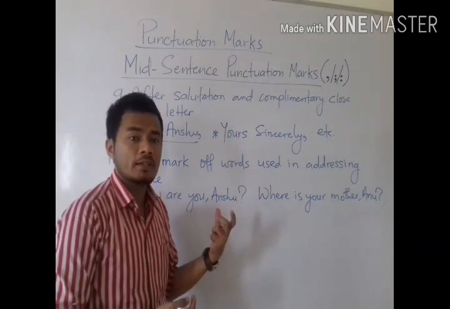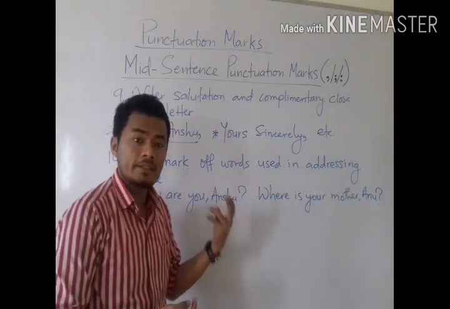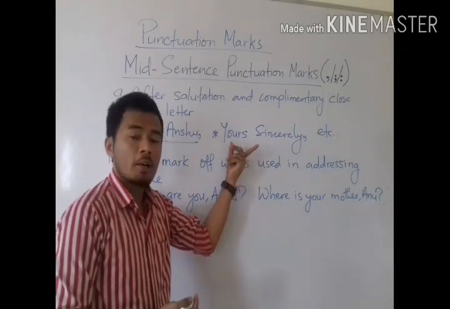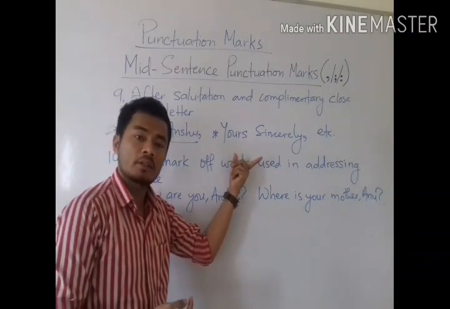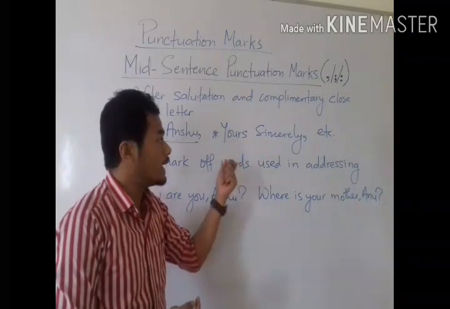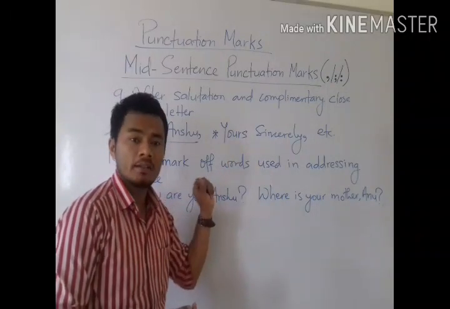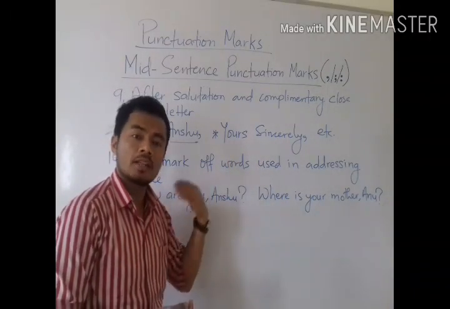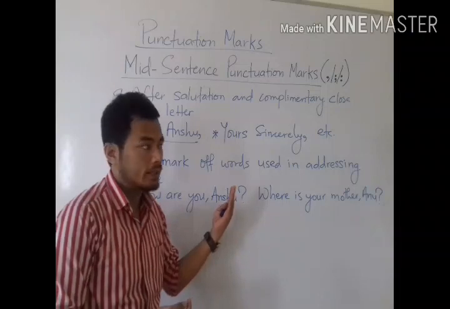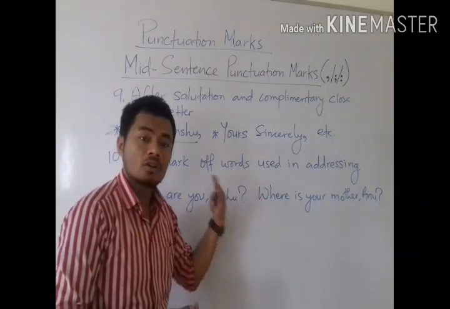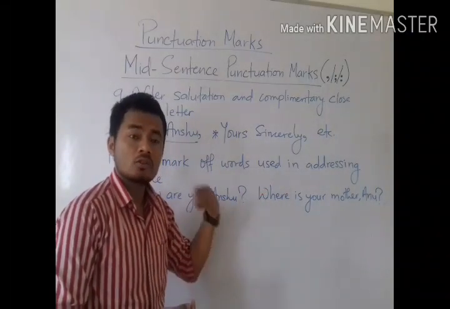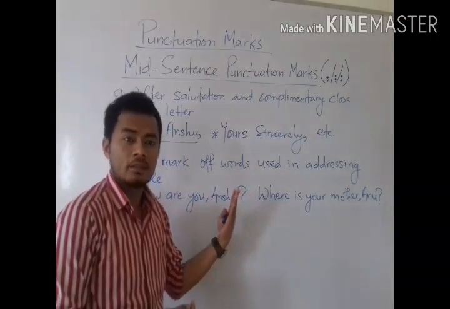Before writing the name of that writer, we put complimentary clause, and after complimentary clause we use comma. Like yours sincerely, comma. We should write our name or the name of the person who is writing the letter. Yours honestly, yours obediently, like this. Understood?